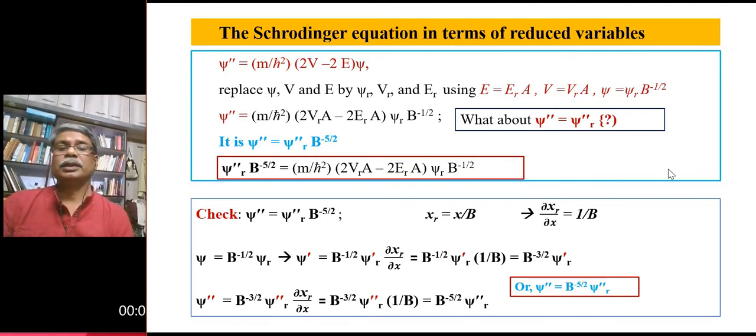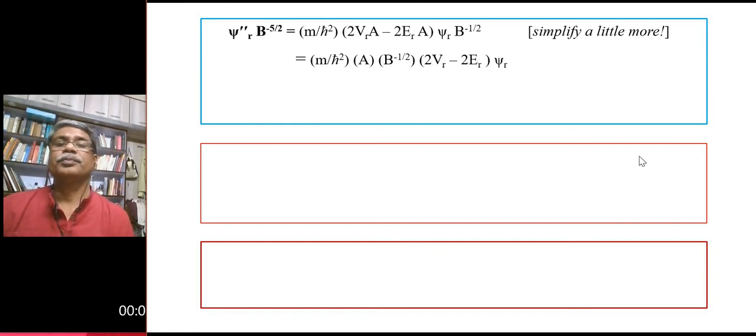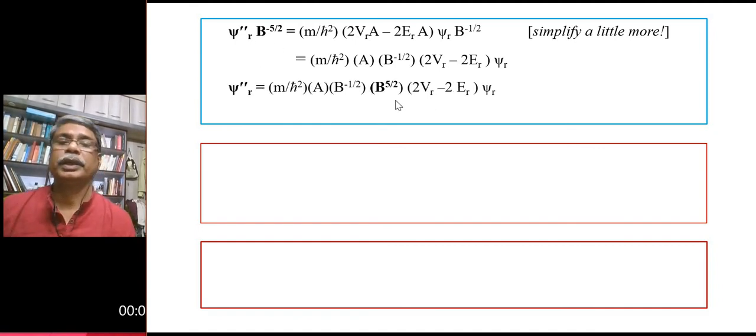Now we can say that we have got the complete Schrodinger equation in the reduced form. So let me write it again to simplify a little more. How? It's very simple. Just A is taken out, rearranging A and B in proper positions, and then on both sides B is there, so cancelling out, finally we get an equation like this.